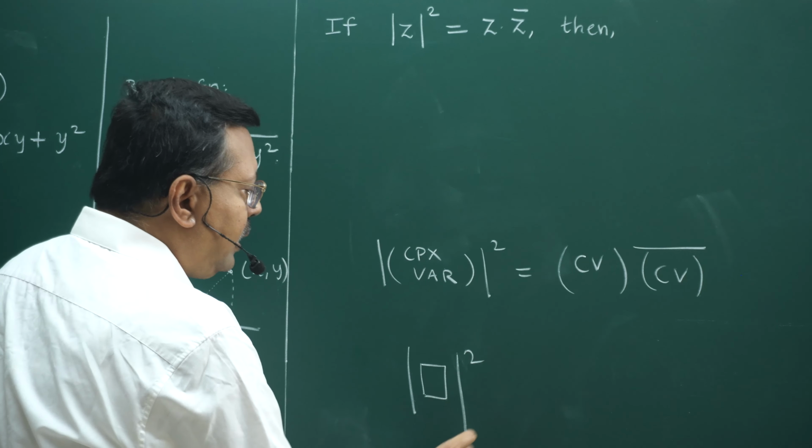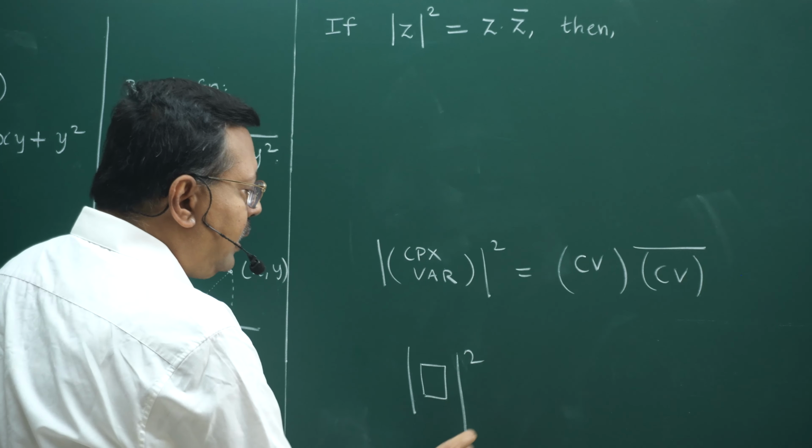Mod square is nothing but that multiplied by this square. Inside the black box you can put any complex variable you like. That is the meaning implied by this equation, so you have to be careful when we do calculations.